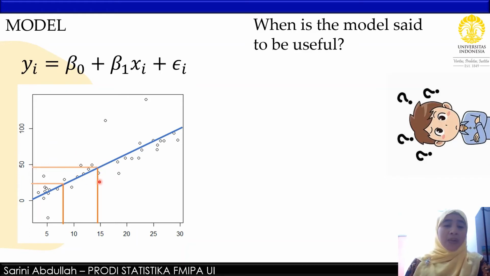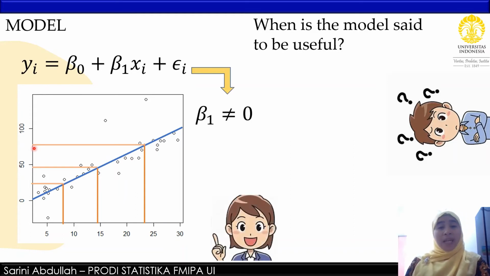Although it's not exactly the same, our guessed value here is not exactly the same as the true value in here, but at least it's close enough. And here, take another value of xi, it will give us a different value of yi.